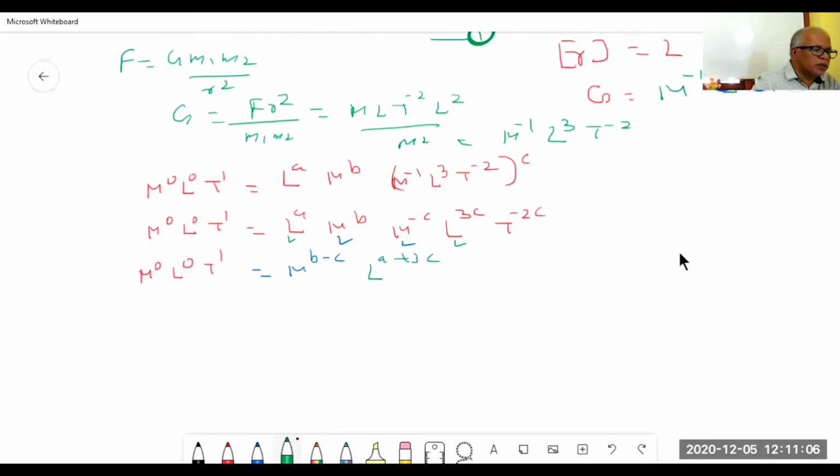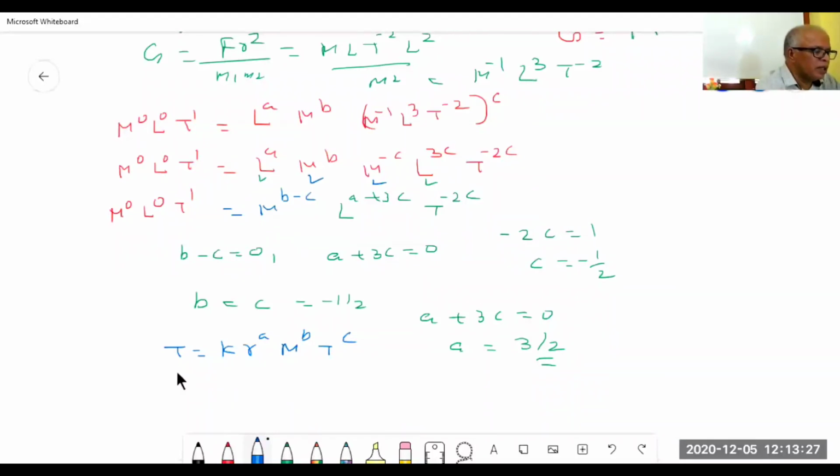Then T raised to minus 2c. So M raised to 0 means b minus c is equal to 0, a plus 3c is equal to 0, and minus 2c is equal to 1. So c is equal to minus 1 by 2. We got c is equal to minus 1 by 2.